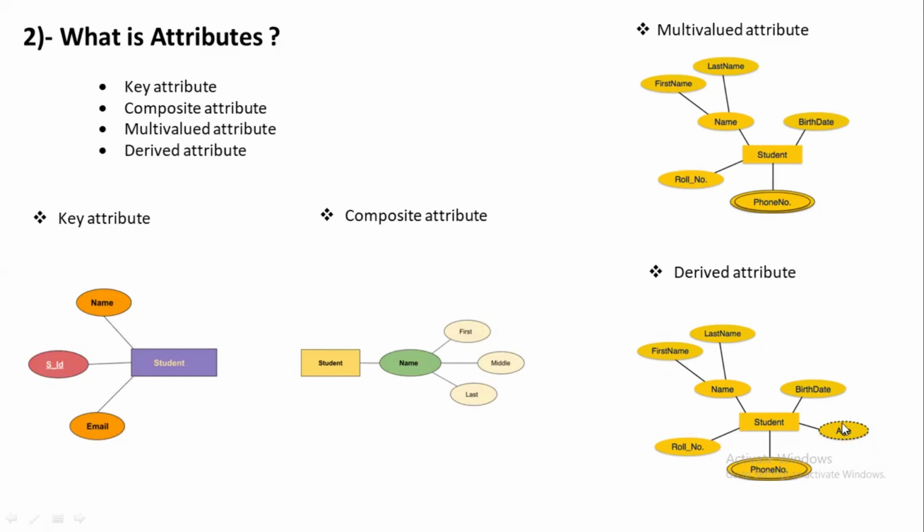For example, a student's age is a derived attribute, as it changes over time and can be derived from another attribute, the date of birth. Those are the main four parts in the attributes.